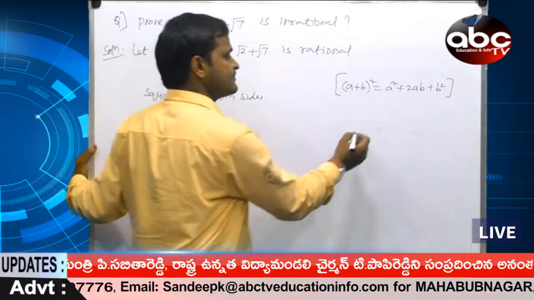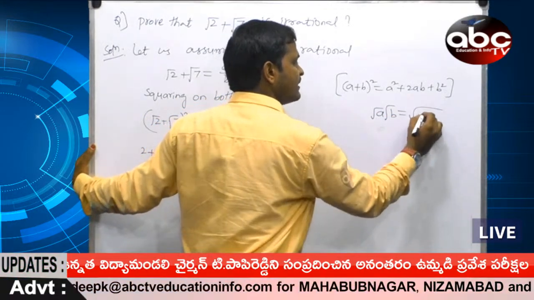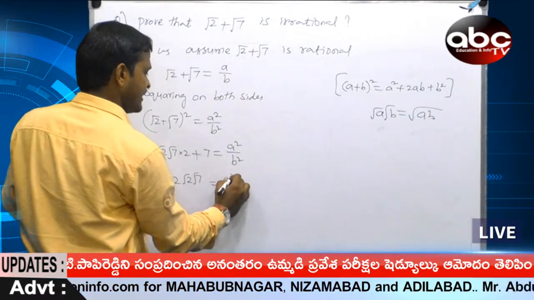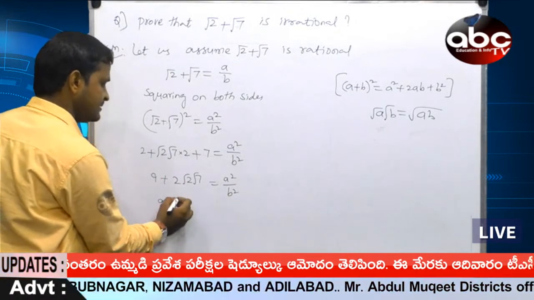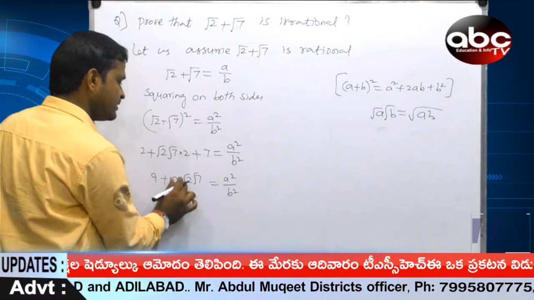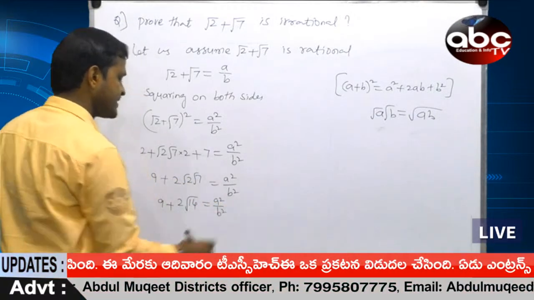Already you know, students, root a into root b you can write as root ab is equal to a square by b square. 9 plus 2 into root 14. 2 7s are 14 is equal to a square by b square.